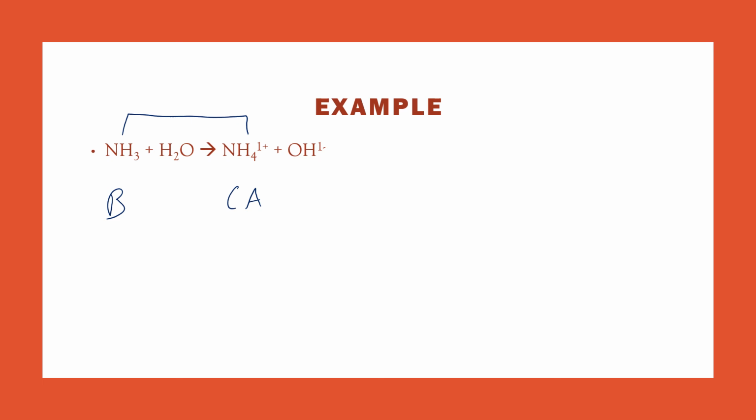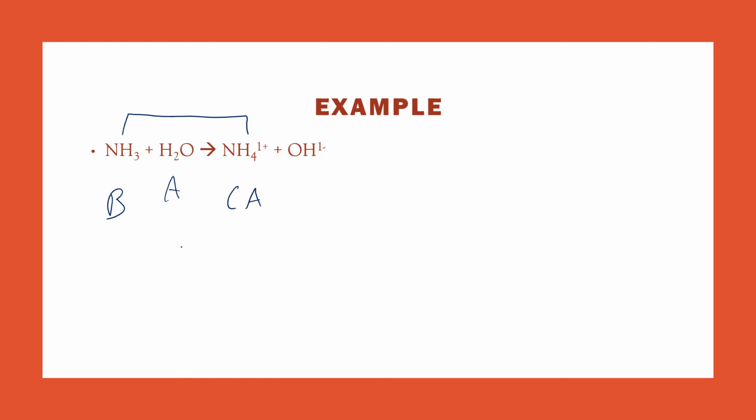Now, water, on the other hand, must be acting as an acid. Water is what we call amphoteric or amphiprotic, depending on your textbook. But either way, it means it can act as either an acid or a base, depending on the scenario. In this scenario, ammonia is acting as a base, so therefore the water must be acting as an acid.